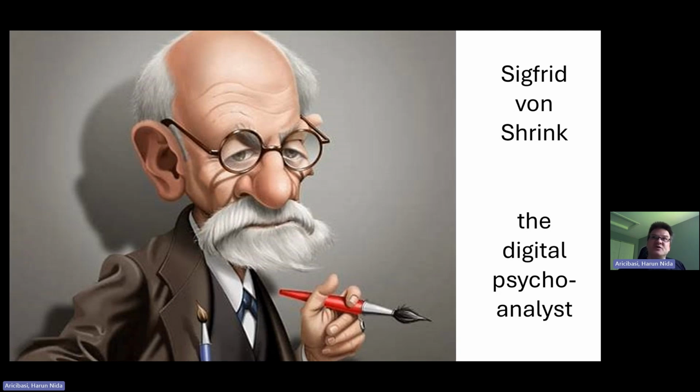This was based on interactions with human patients. Sigfrid von Shrink was able to help human patients as a cheap alternative digital psychoanalyst. This reinforcement learning technique is similar to today's reinforcement learning from human feedback method applied to large language models.